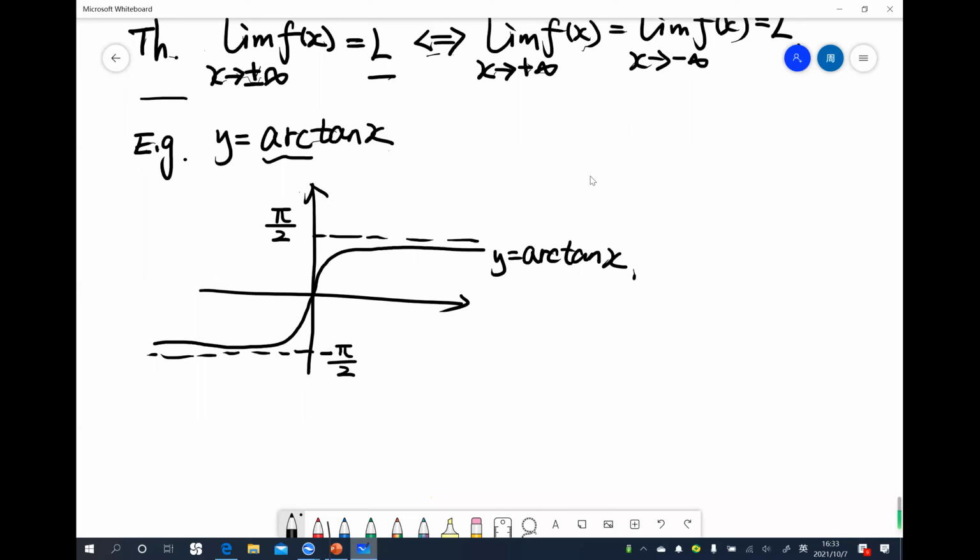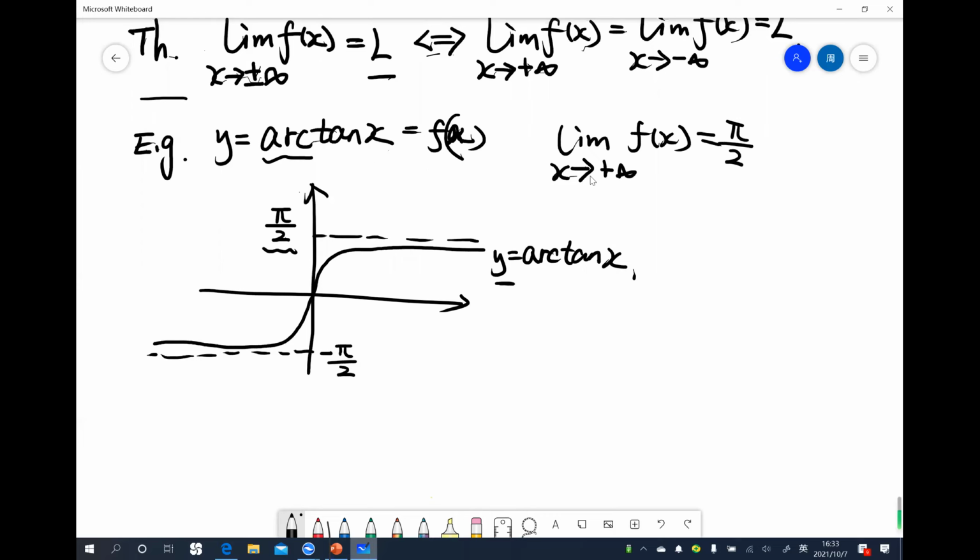So here you will see that as x approaches positive infinity, the limit of arc tangent x is pi by 2, right? Because the value of y approaches pi by 2.